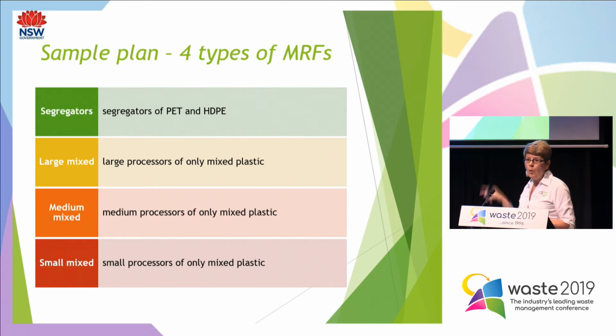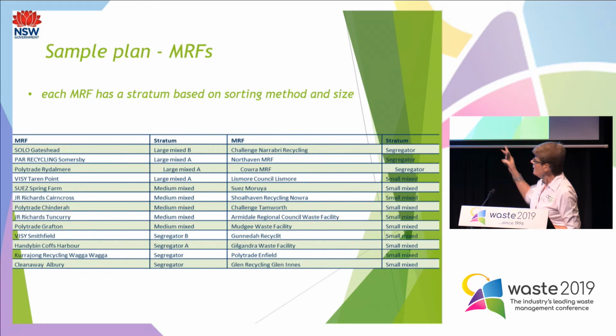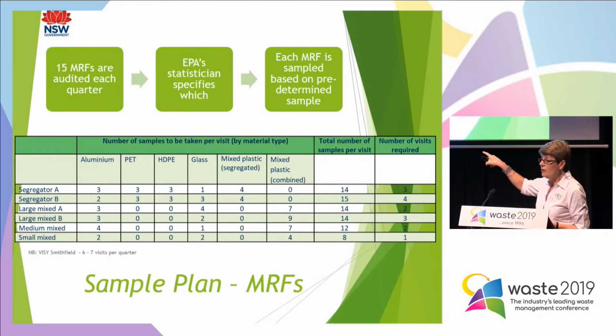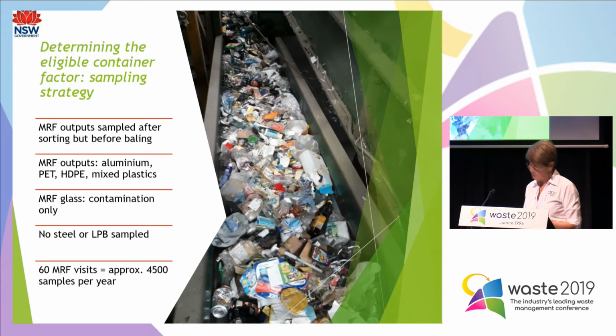Depending on what category of MRF you are, there is a list that we're given of where each MRF is, what category they are, based on what they sort and what size they are, which has been information provided to the EPA. And then for each of those categories, we are given what the sample size is for each type of MRF. And that's the number of samples by material type that we need to collect and sort at each location.